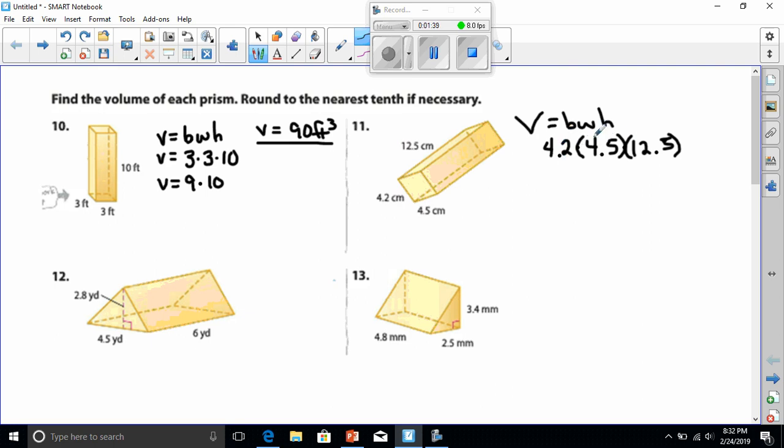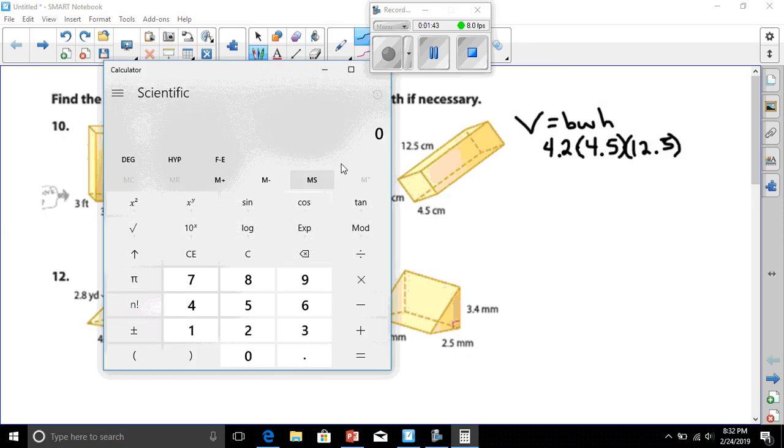So I'm going to get my trusty calculator out so I don't make no errors. We've got 4.2 times 4.5. Now it's going to give us 18.9.